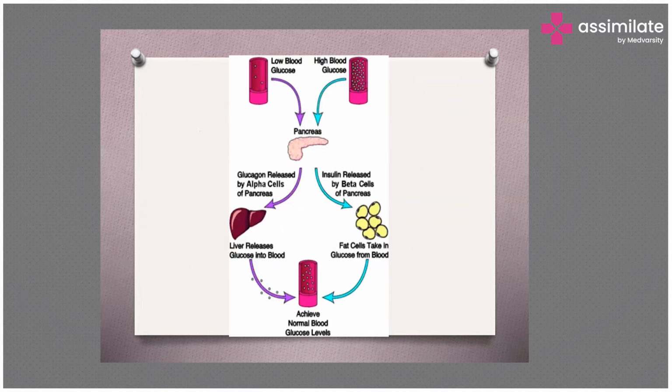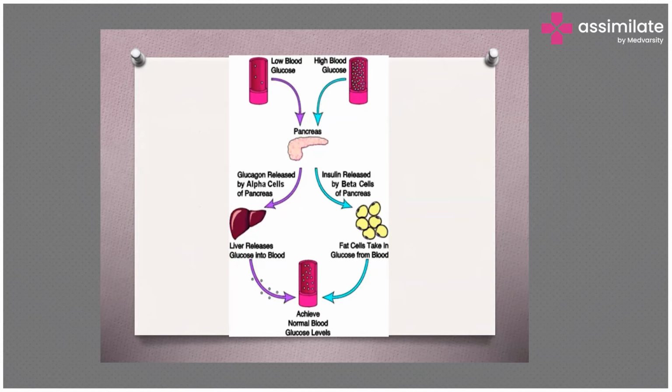So first of all, I am going to explain the left half of the diagram. When our body has a low blood glucose level, so we have not eaten anything for long or we are starving, in such cases our brain stimulates the organ pancreas. So pancreas, as you must be knowing, has two types of cells, that is alpha cells and beta cells.